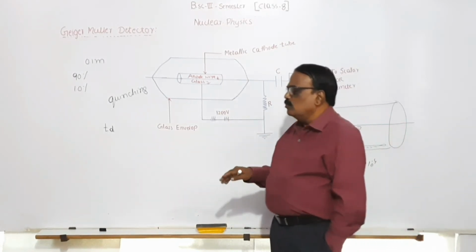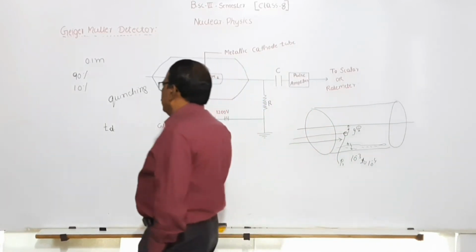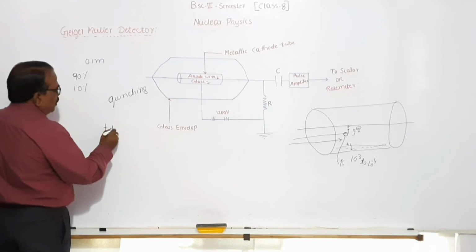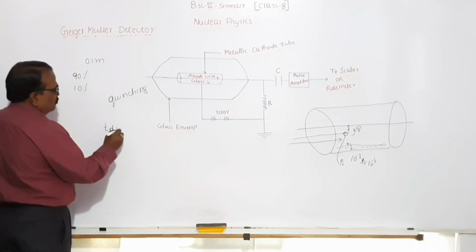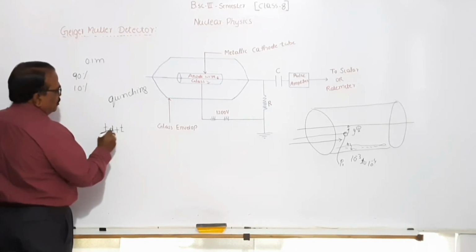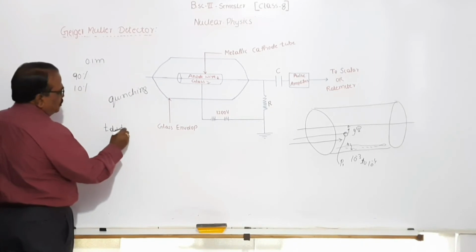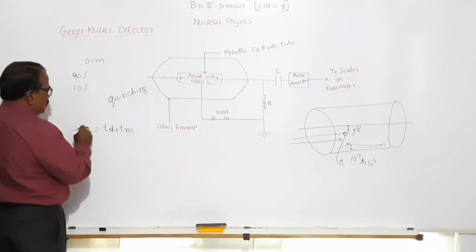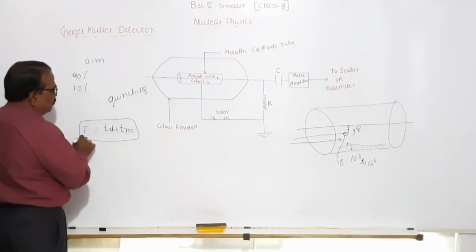And what is the total resolution time of this GM tube? The resolution time of this tube is dead time period plus recovery time, REC. It is the total resolution time of this GM counter.